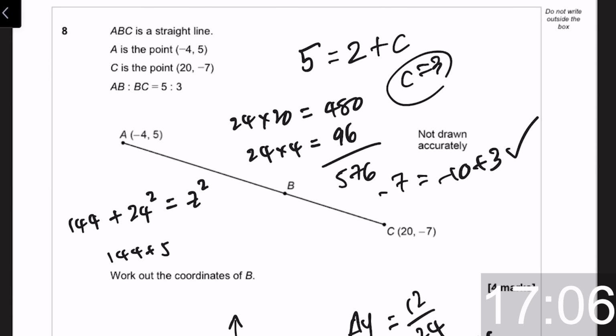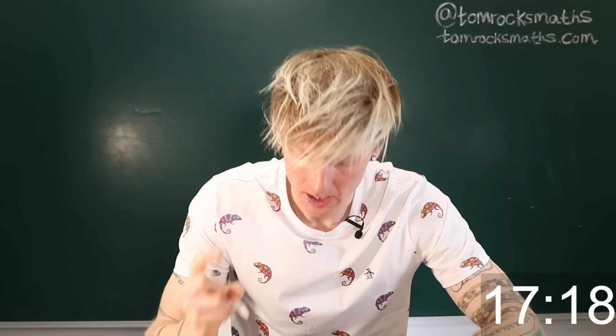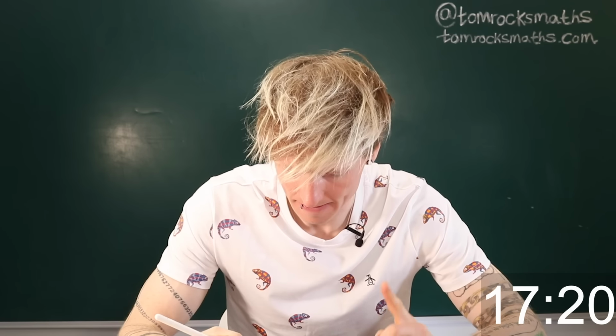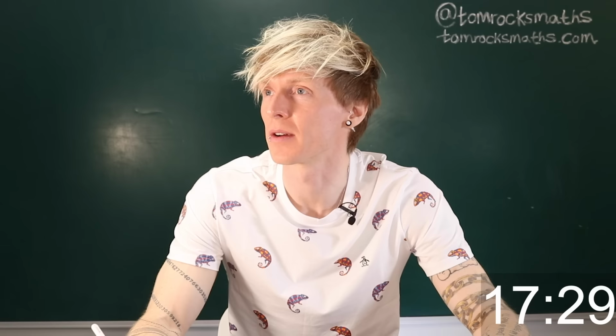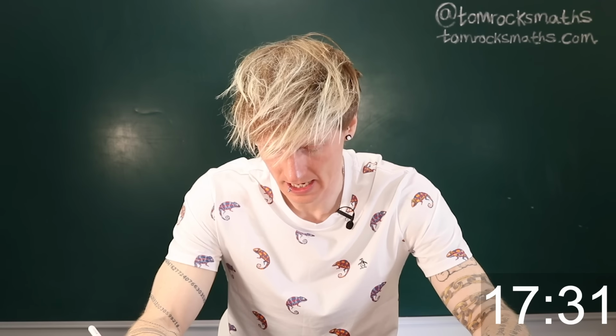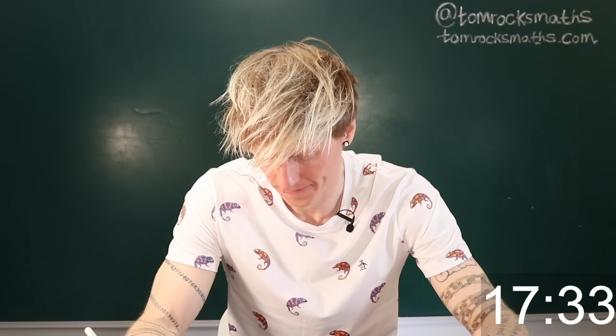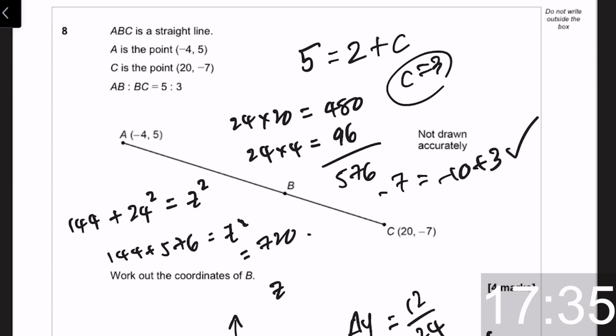Okay, so 144 plus 576 equals z squared, which has to then be 720. So z is the square root of 720. Oh, I don't know if that's a square number. I don't think it is. This is annoying. Must be an easy way to do this.